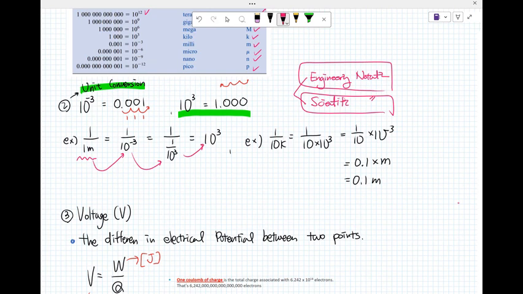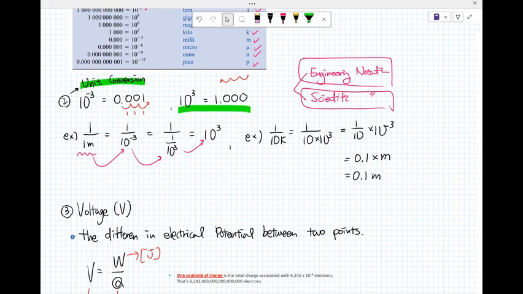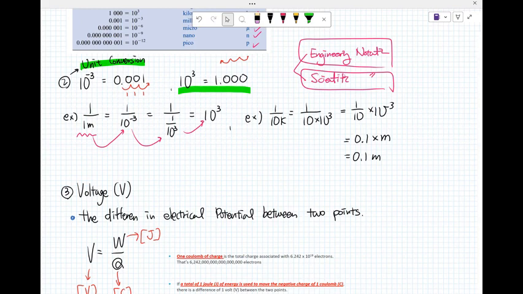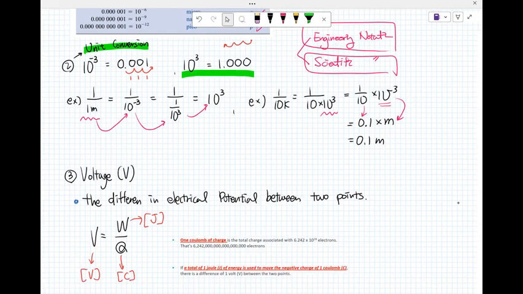Please try and practice to become familiar with this formula. For example, the k is 10 to 3, and 10 to the minus 3 is milli, and that is also 0.1, okay?